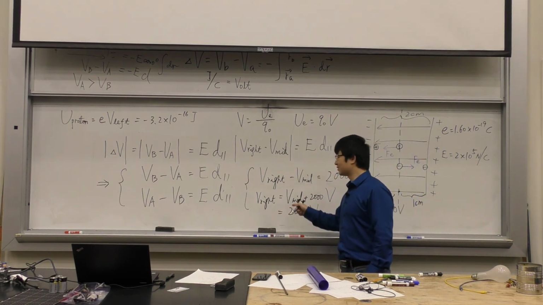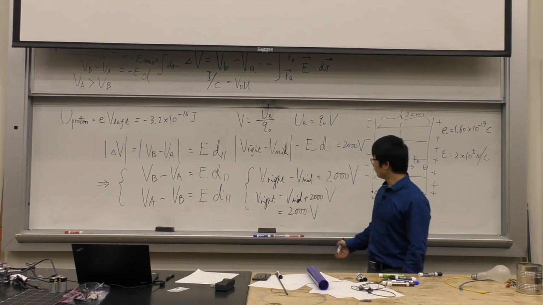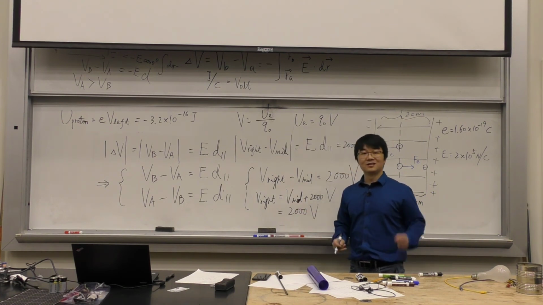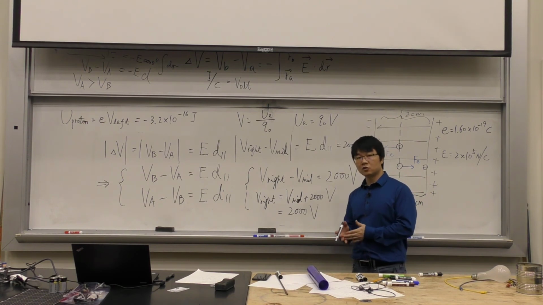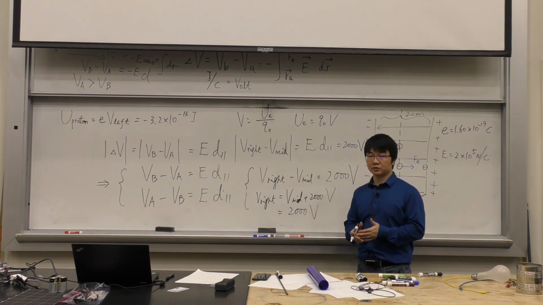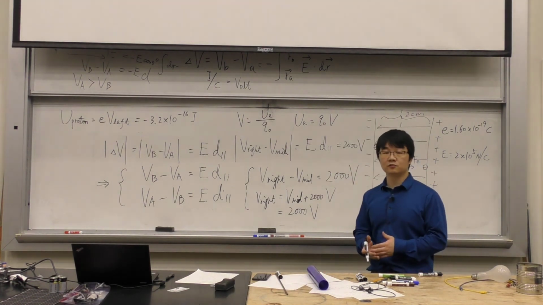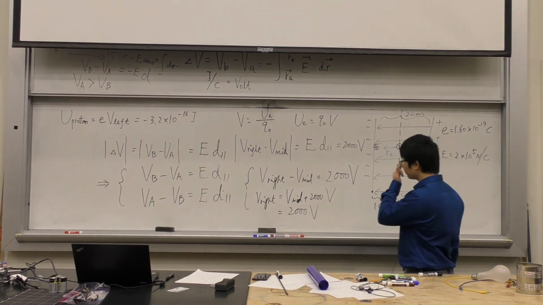If you tell me it's 1000, the potential is going to be 3000. If you tell me this is negative 2000, the potential on the right plate is 0 volts. You see that? The actual value totally depends on the zero reference or any reference you provide me. Once you provide me a reference point, then the value is going to be unique.